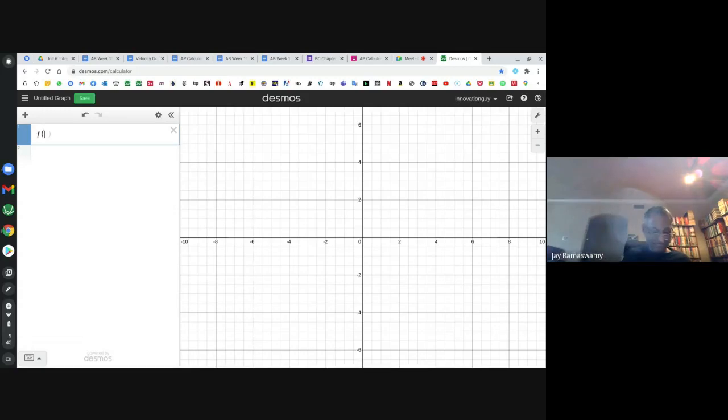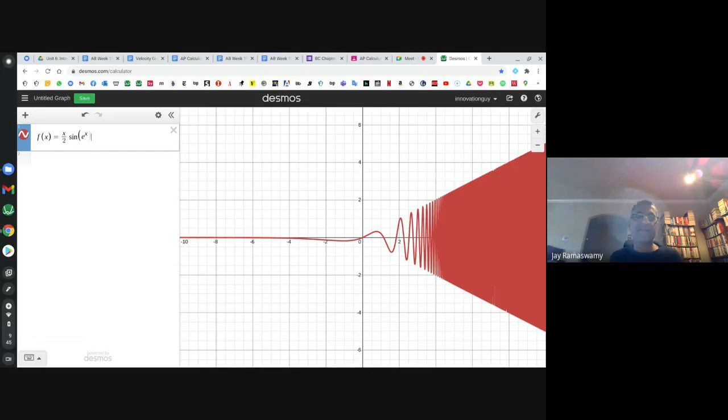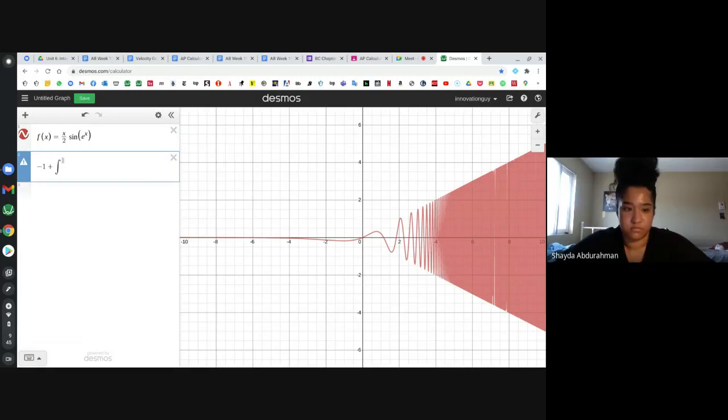Play along. So f of x equals x over 2 times sine of e to the power of x. Is everybody okay there? Yes. And then in the second row, I will just look at the expression: -1 plus the integral. Repeat, the command is int.